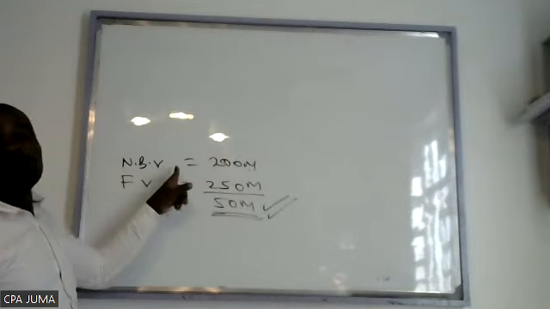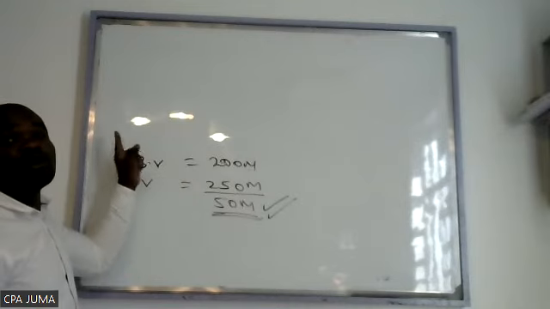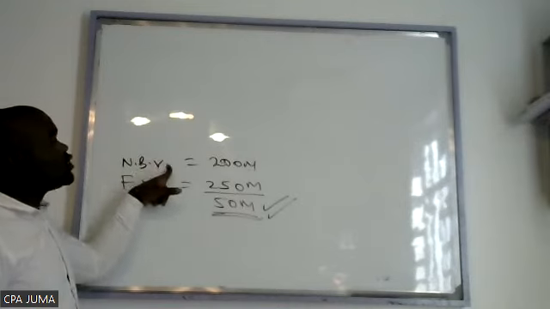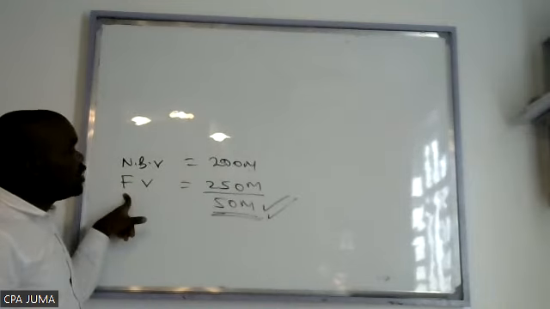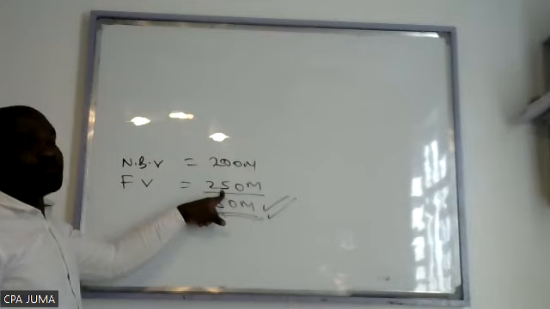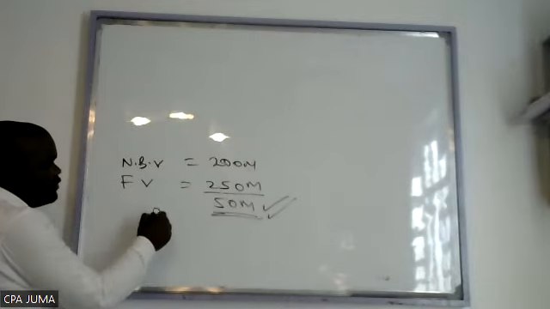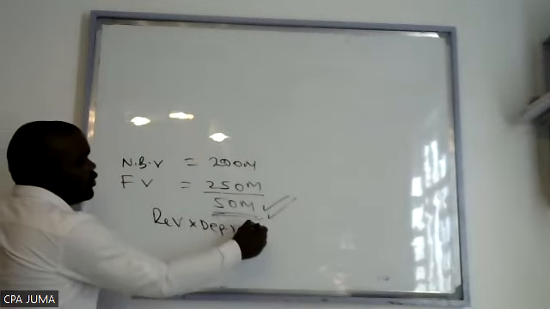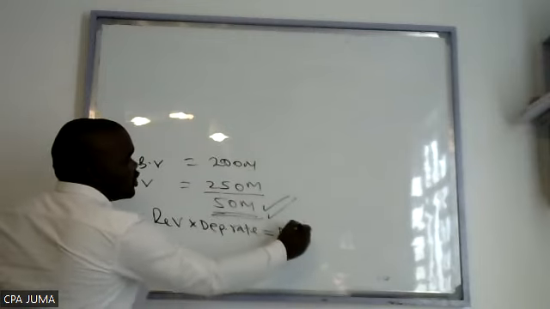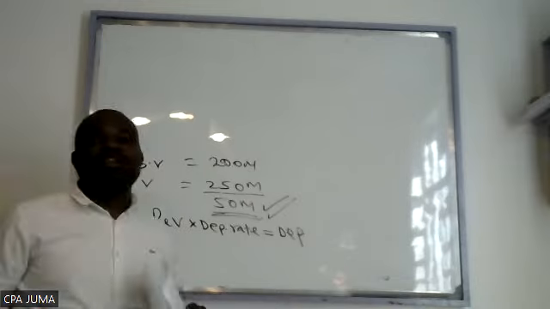When they give you the net book value, you know net book value means cost minus depreciation. So they have already charged depreciation. What they have not charged depreciation on is the excess amount of 50. So if you take the revaluation times the depreciation rate, you determine the depreciation which was being undercharged.